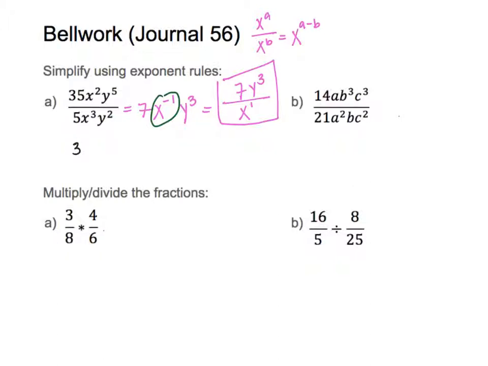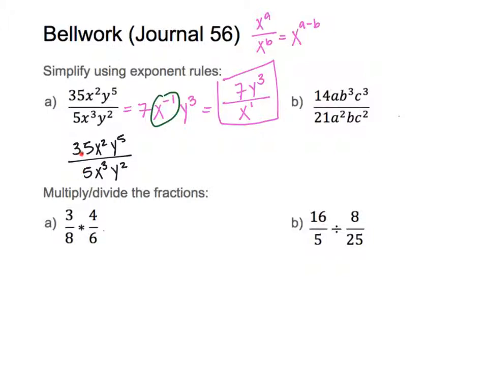So I'm going to rewrite this problem, 35x squared y to the 5th over 5x to the 3rd power y squared. So looking back at this problem, what I'm going to be doing is looking at factors, okay? And so what that means is, for instance, taking these numbers here, 35 and 5. What factors or what numbers can divide into 35 and 5?